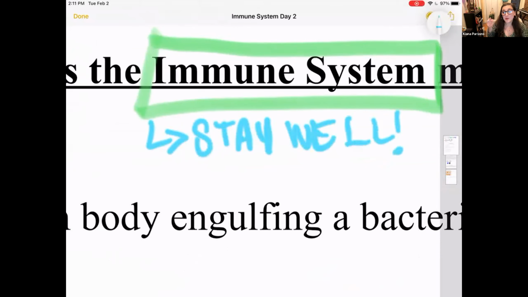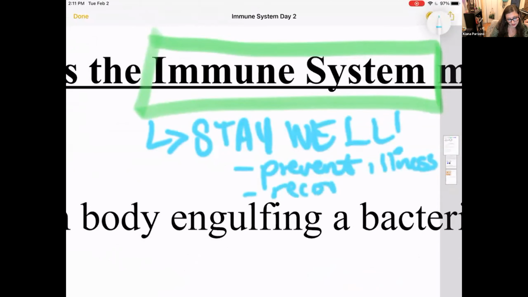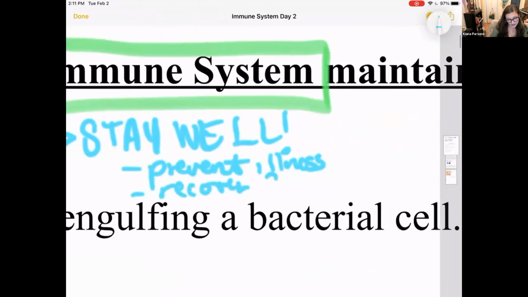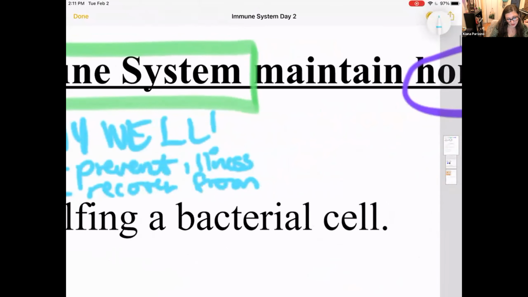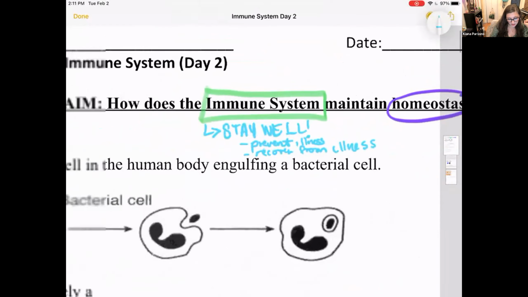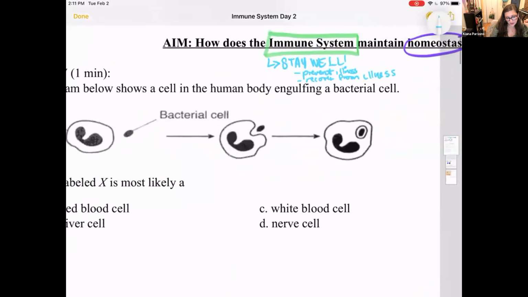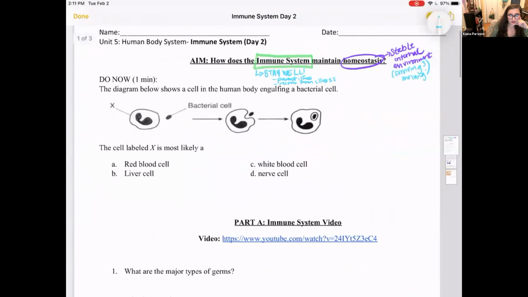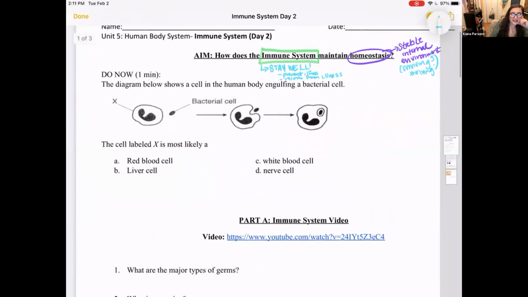It acts as a barrier to prevent illness. And it also, and this is most of its job, helps us recover from illness. And we're going to be talking more about that function during today's assignment. So how does our immune system maintain homeostasis?